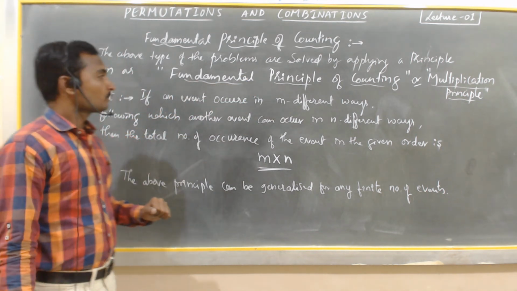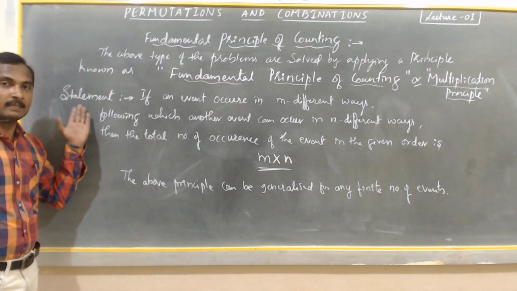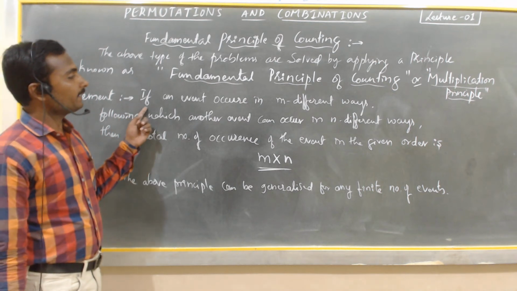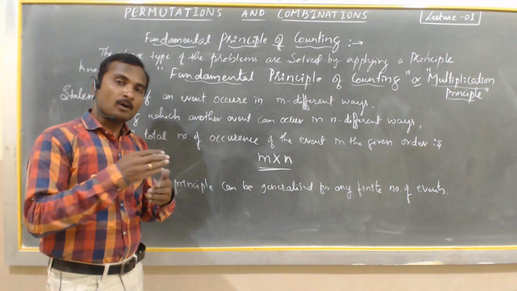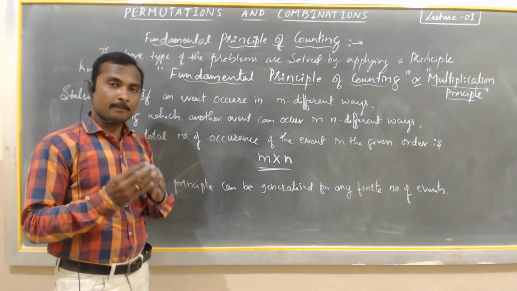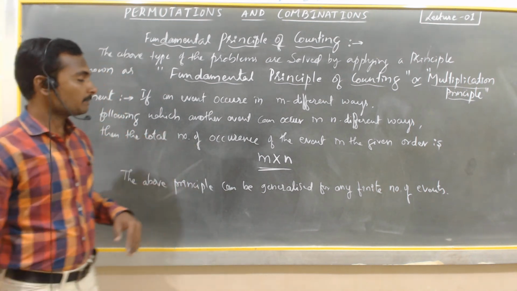And the statement for the fundamental principle of counting is: if an event occurs, I told you an event means a combination of pants with shirts, a pair of water bottles, tiffin boxes and school bags, such types of examples.